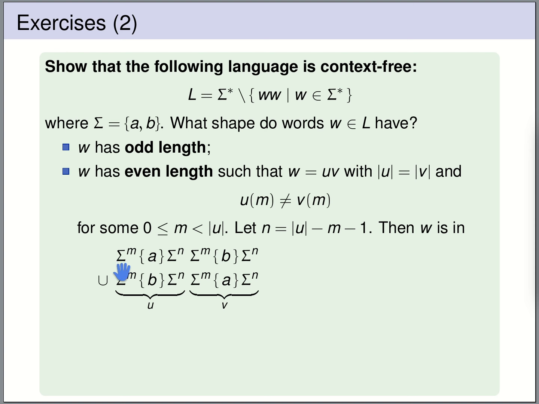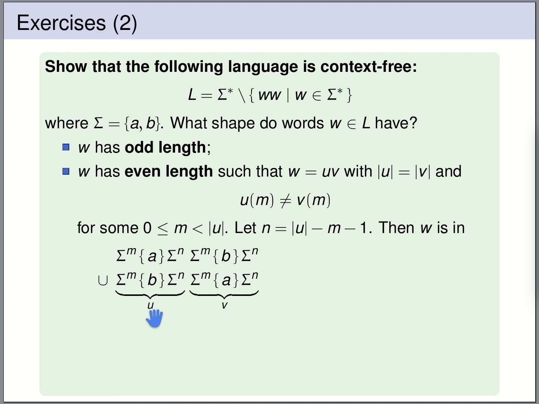So this is m arbitrary letters, followed by an a, followed by sigma to the n, so n arbitrary letters. So we have some prefix of m letters, then we have an a, and then we have a suffix of n arbitrary letters. And the second part here, so this first part is the word u.